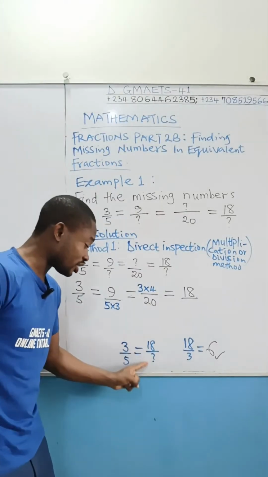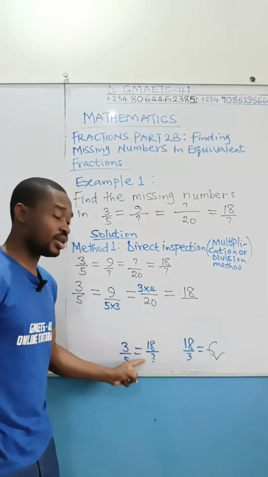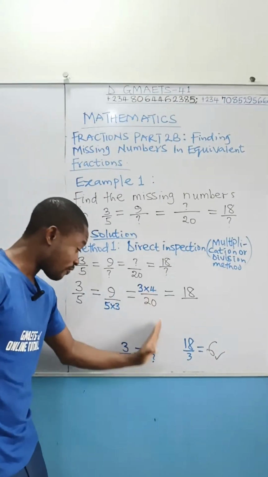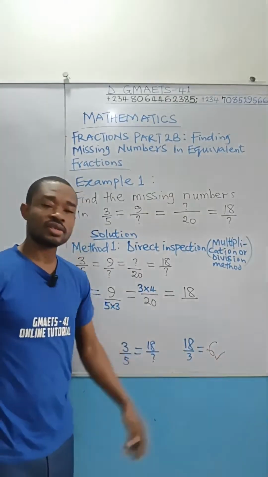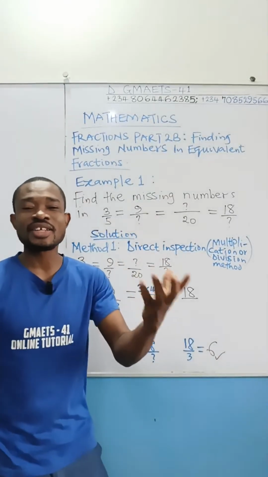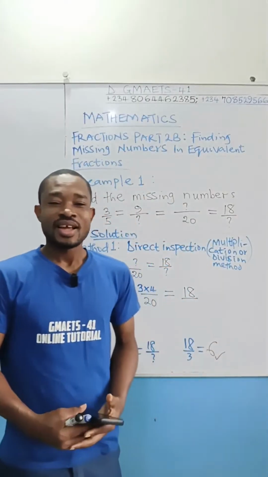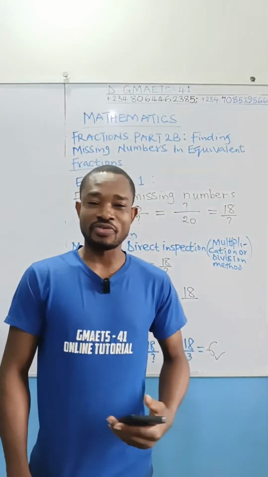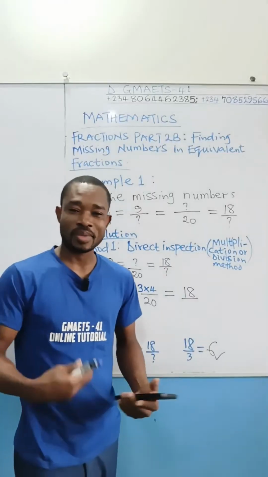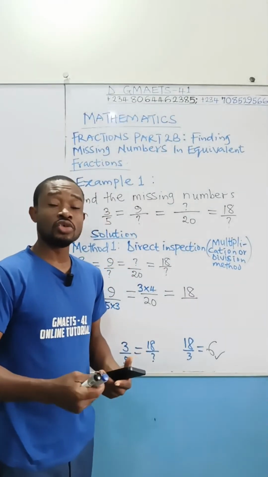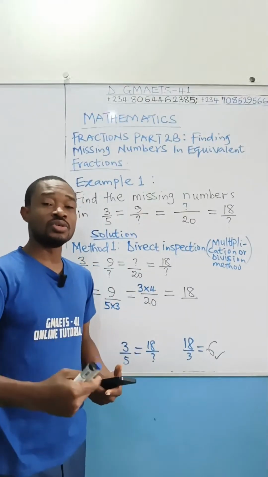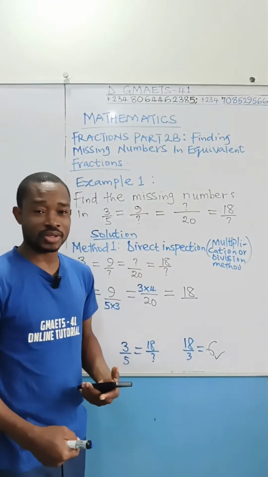Simply, you see this fraction that we're trying to get the missing number in. This whole fraction was obtained by multiplying 3 by 6 and 5 by 6. That is it. So it's just like the opposite of how to obtain the equivalent fraction. Are you following, right? So that's just the thing. When you're trying to obtain the equivalent fraction, you already select the number you are going to use in multiplying numerator and denominator.